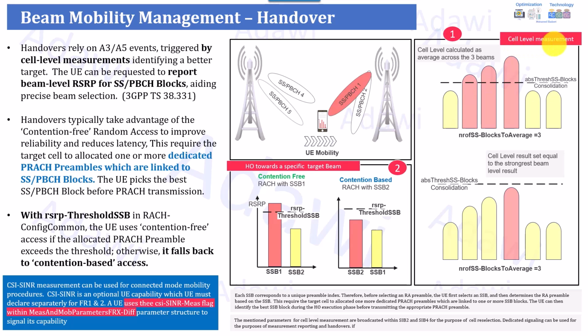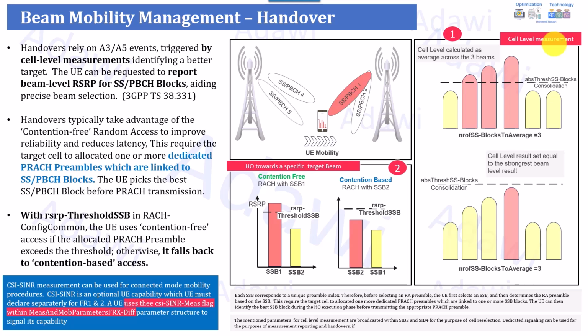These parameters will be delivered to the user to instruct the user how to do the cell level measurement to decide which cell is the best cell to be sent in the measurement report from the UE to the serving gNB, which will decide which cell it is going to hand over towards, the target cell.